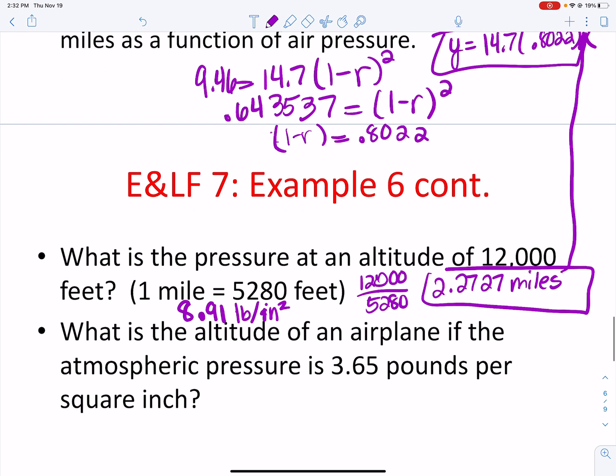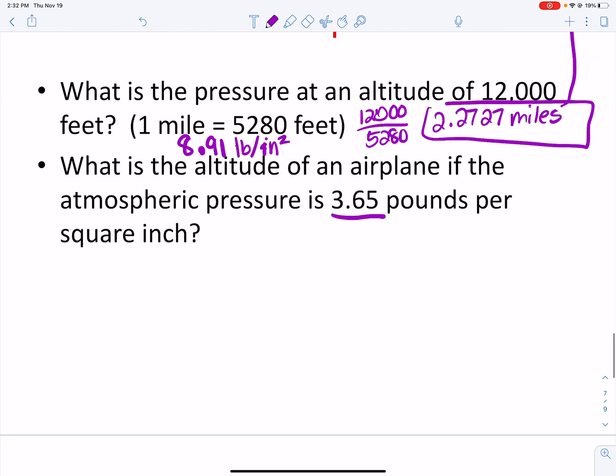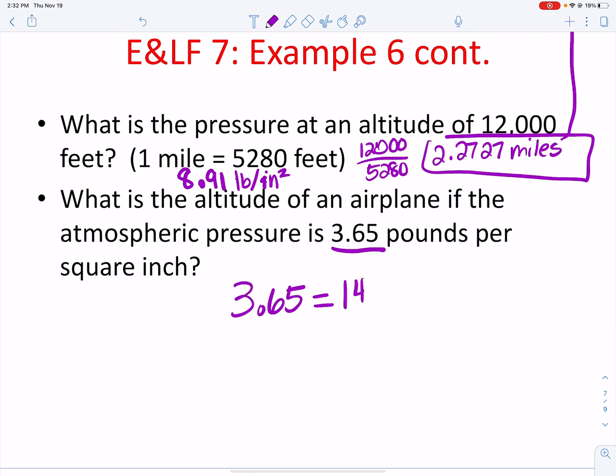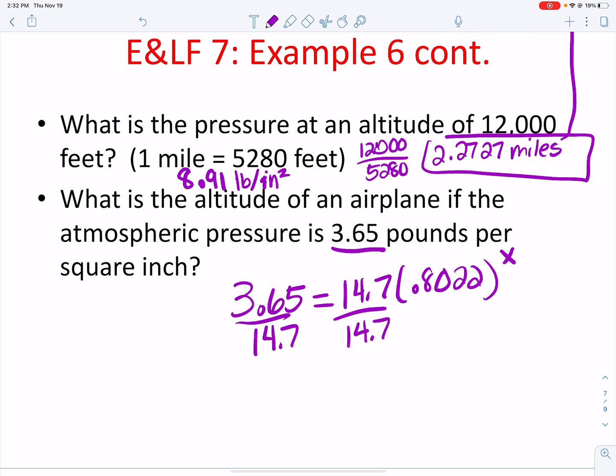Then it says, what is the altitude of an airplane if the pressure is 3.65? That means I'm putting 3.65 in for my y. My initial value is 14.7, and then 0.8022 to the x. The first thing I would do is divide by 14.7. So I have 3.65 divided by 14.7, and I got 0.248299 equals this stuff.